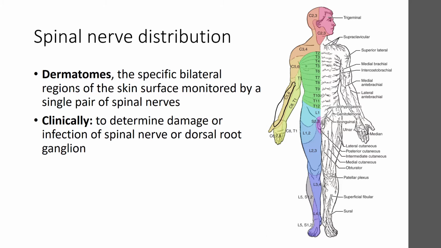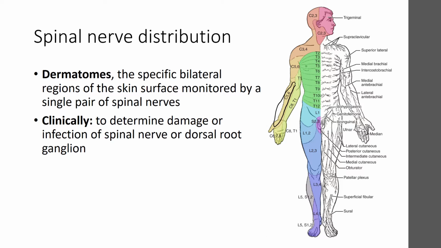If they can't squeeze your hand, has the nerve been severed? Well, there might be something else, like too much swelling or some other issue that's preventing the nerve from creating the motor control. But if you touch their hand and they can feel it, then you know the spinal cord's not severed. They can still receive that sensory information.